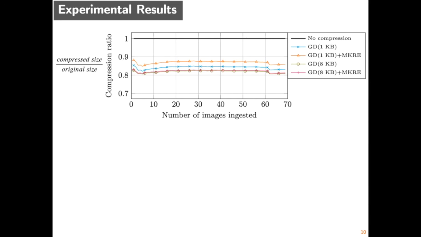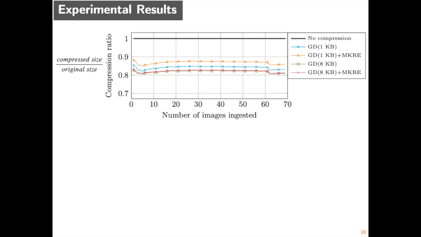The blue line is generalized deduplication and the orange line is generalized deduplication with multi-key revealing encryption, for chunks of size 1 kilobyte. And we see that generalized deduplication with multi-key revealing encryption, so secure generalized deduplication, is a little bit higher up. This means that if I have a database that occupies 100%, I need 89% of the space to represent it, while if I was just using generalized deduplication without any privacy on top of it, I will only need 86% of the storage space.